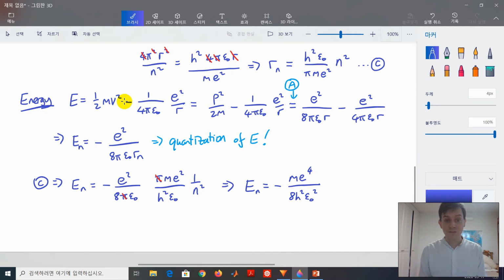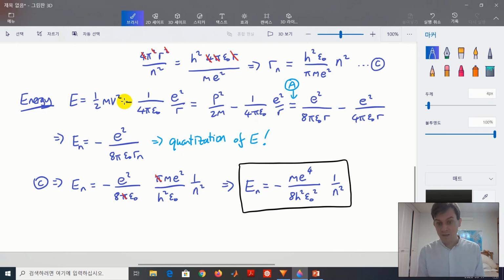These are all just constants, multiplied by 1 over n squared. Okay, so this is the final result. And notice that, as predicted by Rydberg, the energy is a constant times 1 over n squared, where n is an integer. Okay, and if you evaluate this constant here, all of these are physical constants which are known, then this turns out to be minus 13.6 electron volts.